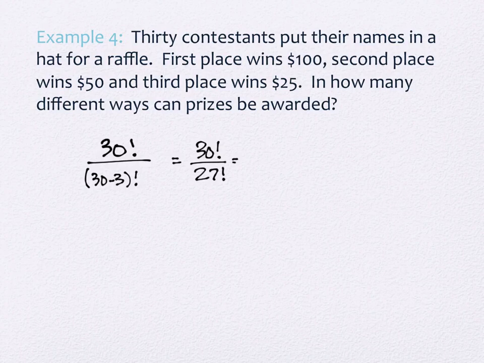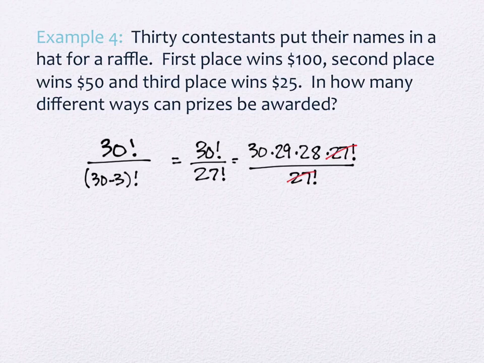So I write out 30, 29, 28, and 27 factorial. On the bottom, I don't even have to write it out. It's identical to the 27 factorial, which is why I stopped where I did, and those cancel. This is much cleaner than the last problem.